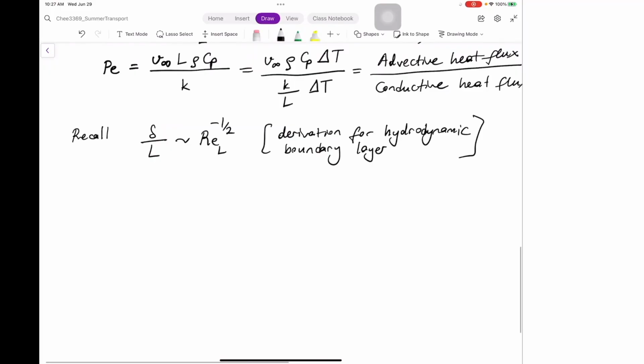Okay. Now, there was another thing, right? We said that delta over delta T is scaling with the Prandtl number to the power 1/2, right?